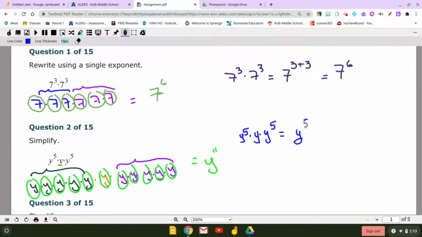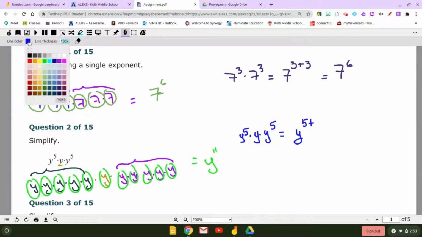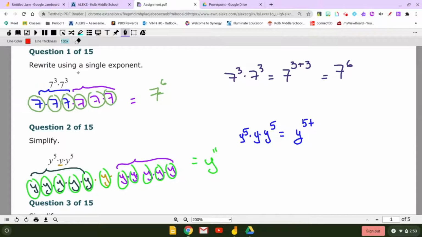So that would be 5 plus, what is the power of the second y if you don't have any number there? The answer is y to the first power, because you have at least one of them. So 5 plus 1, and plus the other 5. 5 plus 1 is 6, plus 5 is 11. So y to the 11th power.